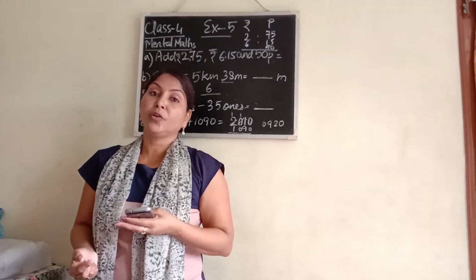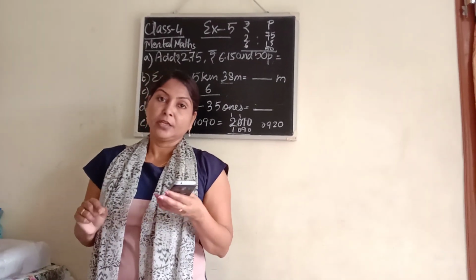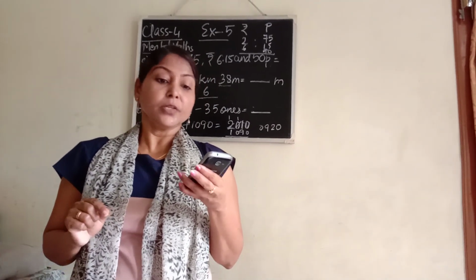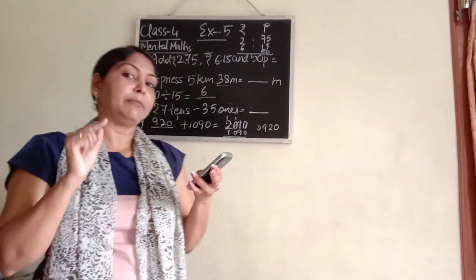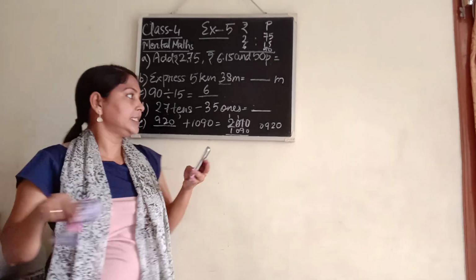2510 minus dash is equal to 1000. So from 2510, how much will you subtract to get 1000? So what will you do for this? You have to again subtract. Okay, what will you subtract?